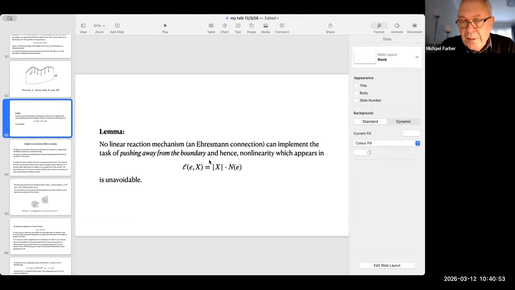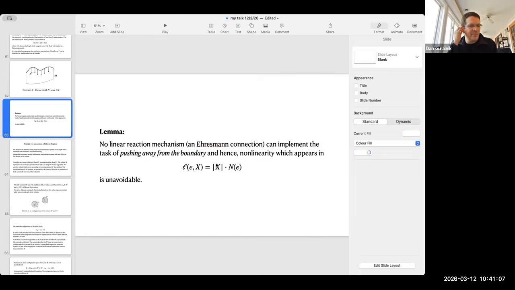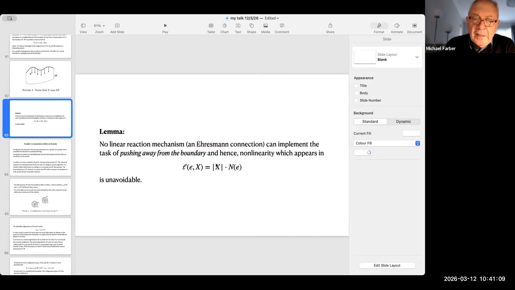So maybe there is a way of restricting general reaction forms to some restricted class of reaction forms, which are, let's say, like Ehresmann connections plus a non-linearity like this absolute value. I think it could be the case, but of course it's a guess. It may be true actually. It may be a good point.